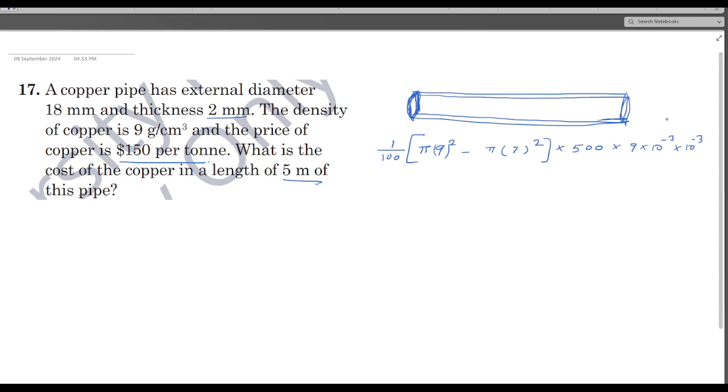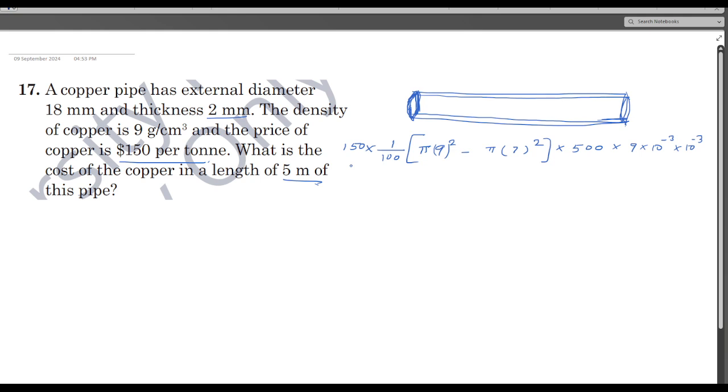So this total will give you the total mass of the copper pipe, and finally this whole thing we will multiply by 150. So this is what you have to find out.